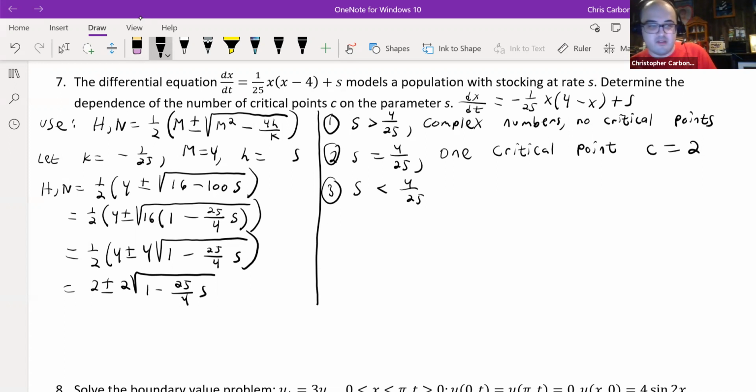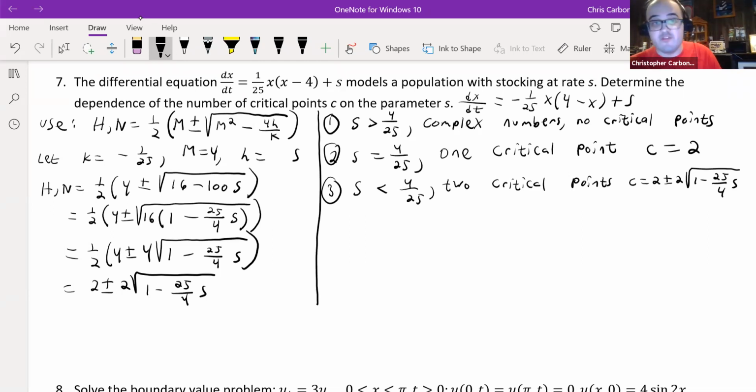Since when we get to 0, this just makes a positive 1, and then we start getting into negative values, this will start becoming positive, which then means we would have our 2 critical points. And those correspond with c is equal to 2 plus or minus 2 times the square root of 1 minus 25/4 times whatever our s or stocking rate is.